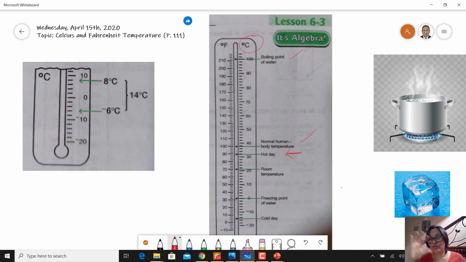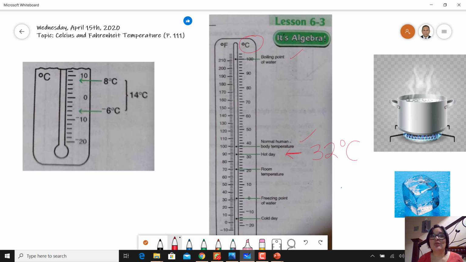At what temperature has to be the environment? Look at the line. Remember that each line represents 2 degrees. Exactly, at 32. Fahrenheit or Celsius on this side? Celsius degrees, excellent.